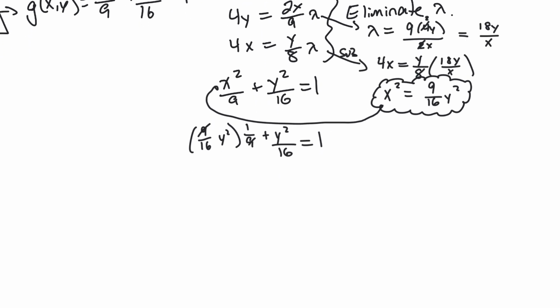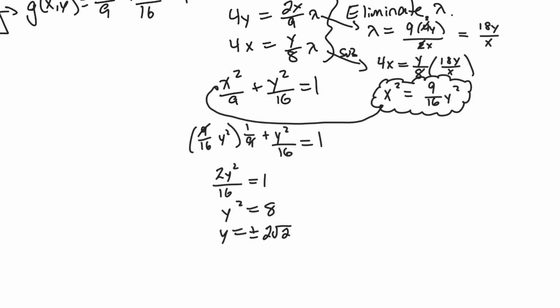So the 9's cancel, and we're going to have 2y squared over 16 is 1. So y squared is going to equal 8. So y is going to be plus or minus 2 square root of 2. So we now have a y.